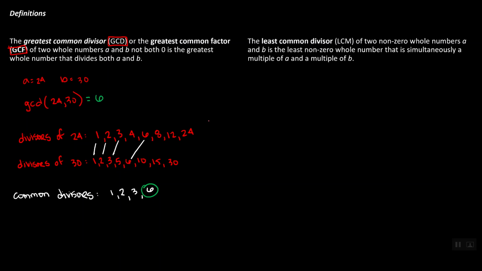Now let's take a look at the least common multiple, often abbreviated with LCM. The LCM is also looking at maybe two numbers. Let's use the same ones, 24 and 30. If we're looking for the LCM of 24 and 30, then I need to list out all the possible multiples of 24 and 30.